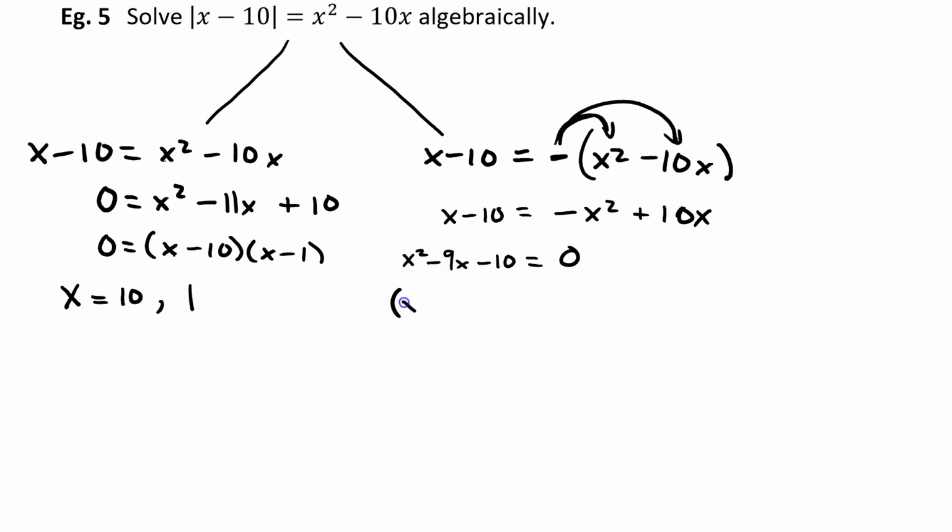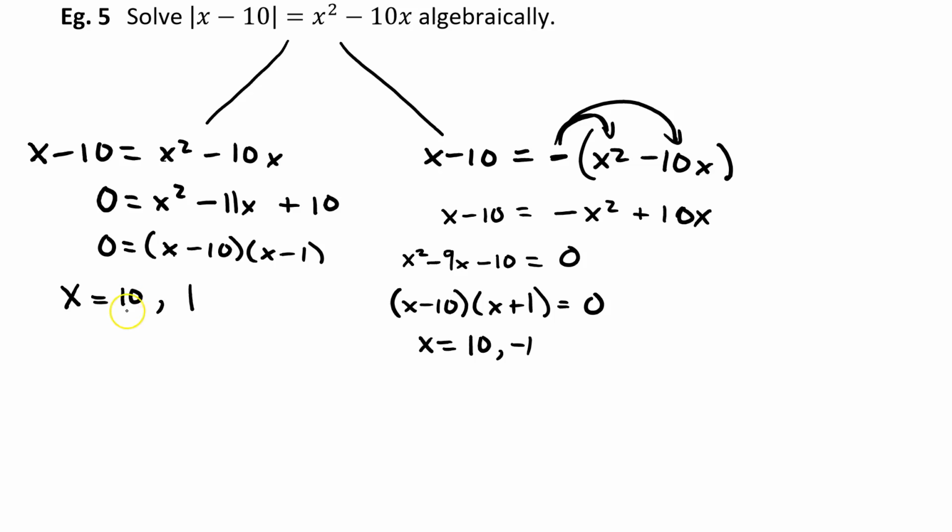That is going to be x minus 10, x plus 1 equals 0. Great! So I know that x equals positive 10, which is just a repeat solution here. And we also have x equals negative 1.